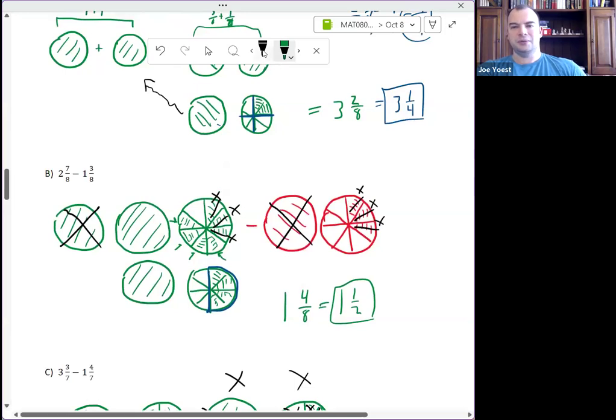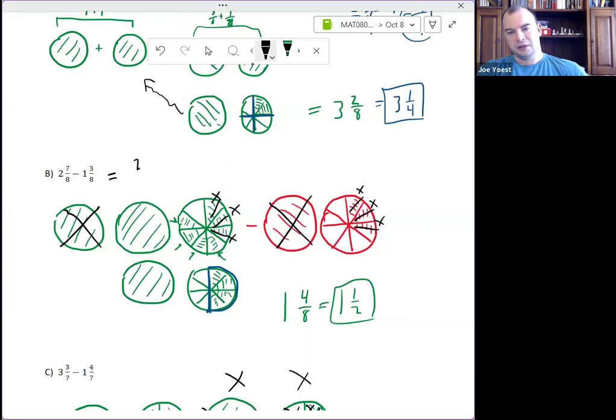So up here, procedurally, what did we do? We basically took 2 minus 1 for the wholes, which was 1. And we took 7/8 minus 3/8. We subtracted the wholes, we subtracted the fractional parts, 4/8, and then we put them back together and simplified.